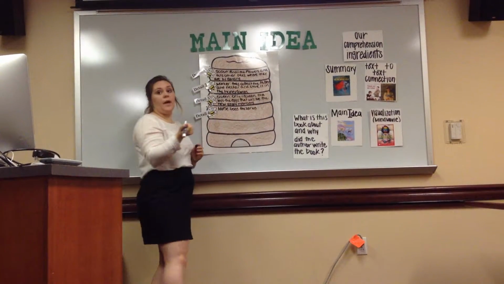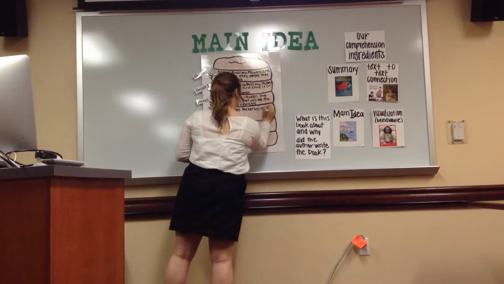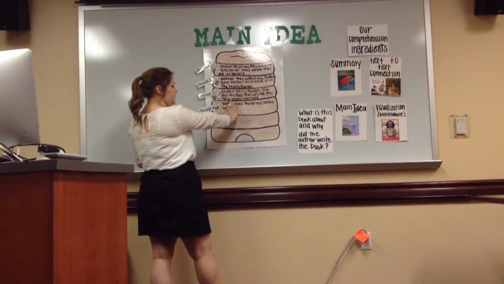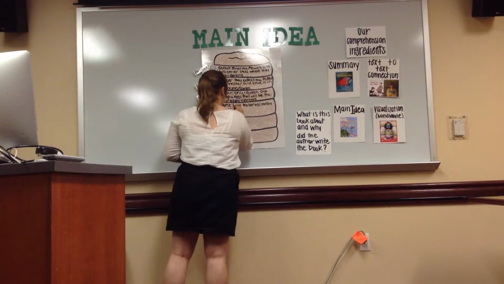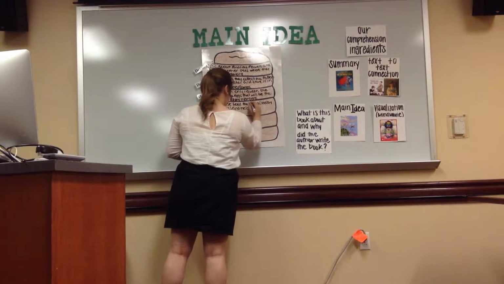And boys and girls, larva is just the new baby bees. So we're going to put baby bees. So nurse bees feed the larva, baby bees, and help them grow.